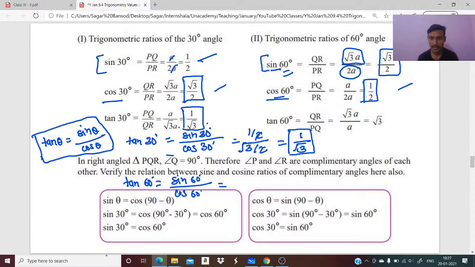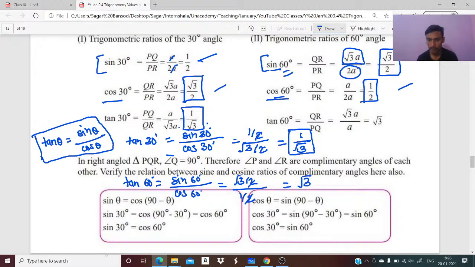Your sine 60 degree is under root 3 by 2, upon your cos 60 degree, which is half, that is 1 by 2. This 2 will get cancelled out and you will be left with just root 3. That's why the value of tan 60 degree is under root 3.